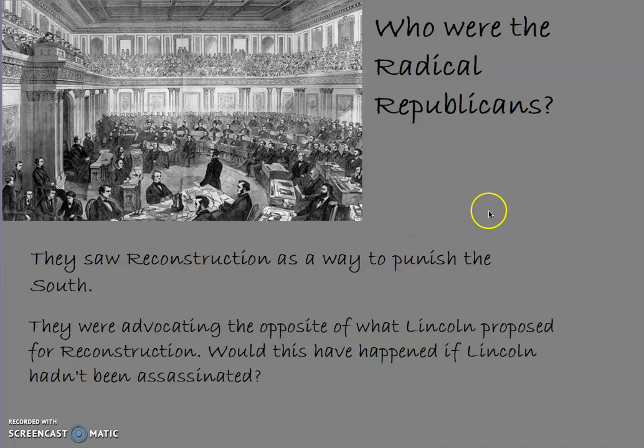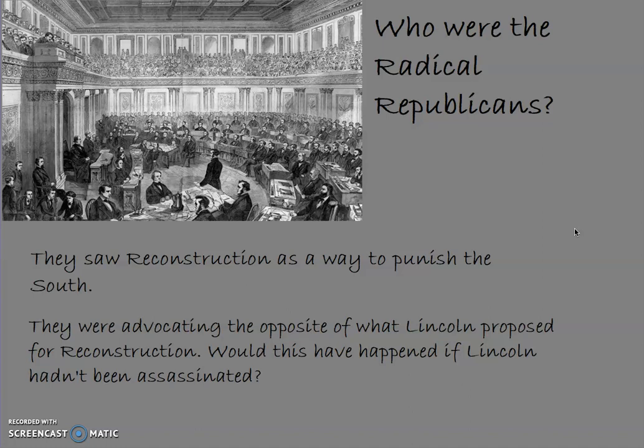So who were the radical Republicans? They saw Reconstruction as a way to punish the South. They were advocating the opposite of what Lincoln proposed for Reconstruction. So that makes us think, would this have happened if Lincoln hadn't been assassinated? Because remember, the Republicans wanted to go against Johnson's plan, but Johnson's plan was pretty much like Lincoln's plan.